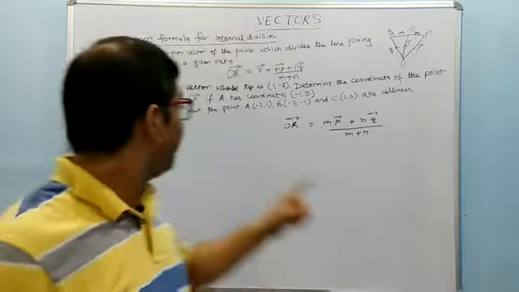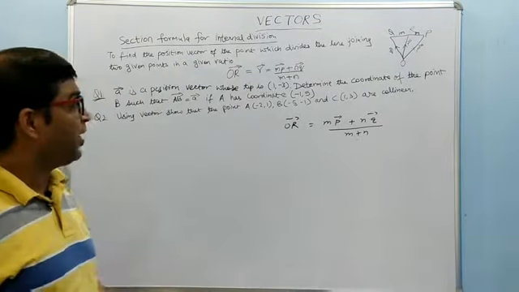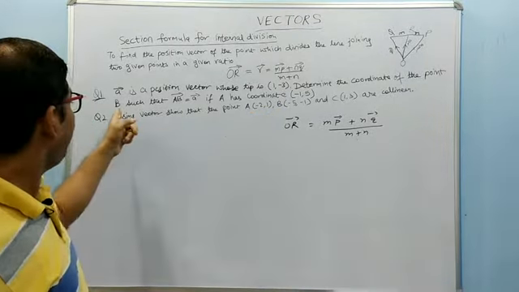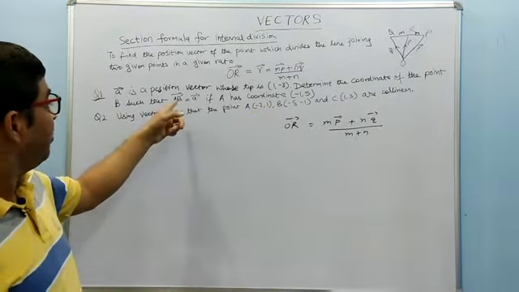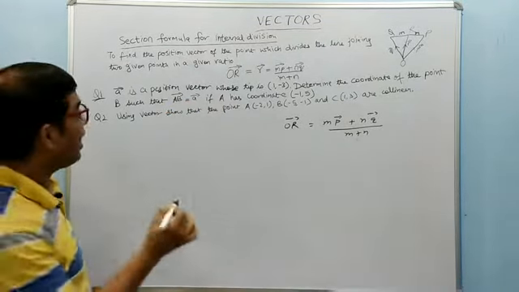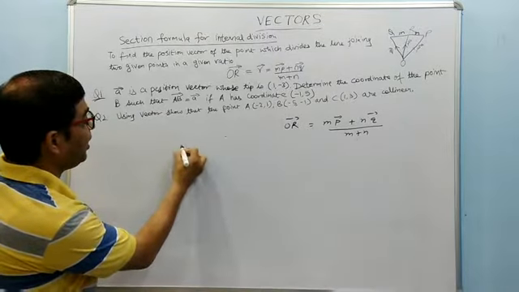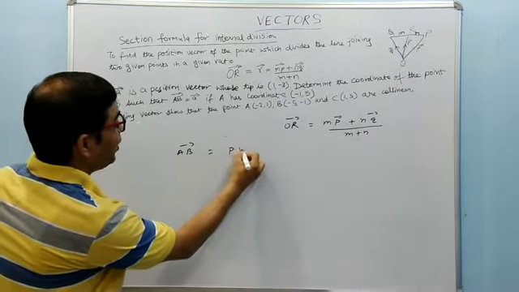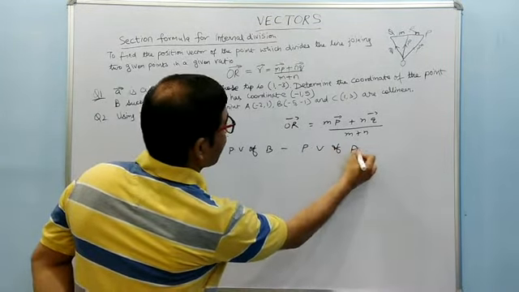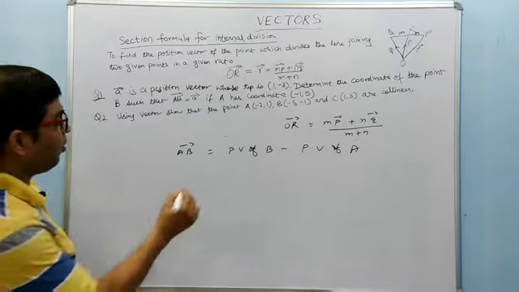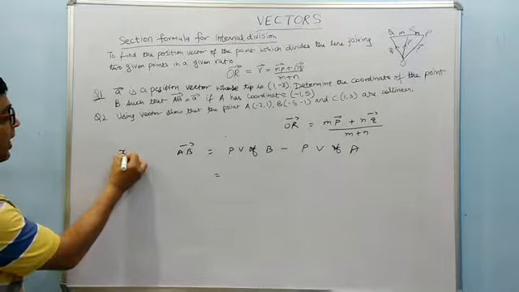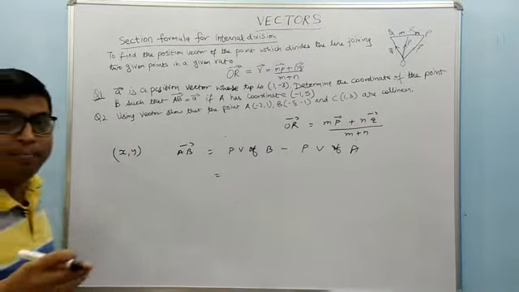You apply this formula in certain problems, we will be seeing it later on. Now see question number 1, that vector A is a position vector whose tip is this. Determine the coordinates of the point B such that vector AB is vector A, and A has the coordinates this. Now you see here that vector AB can be represented as position vector of B minus position vector of A. Okay, so position vector of B we don't know, we just assume that position vector of B be x comma y, so that is xi plus yj.